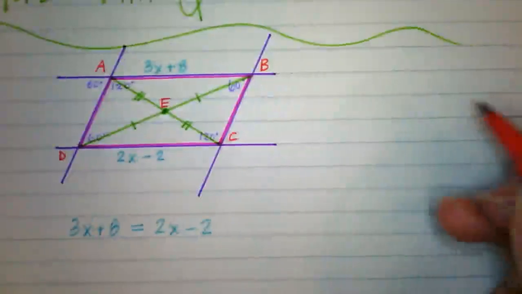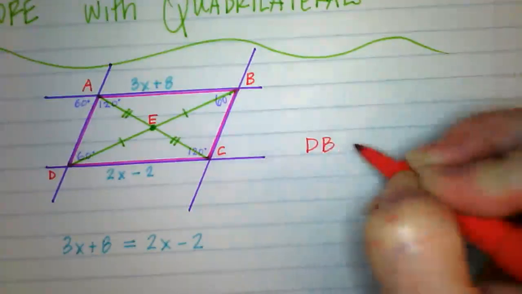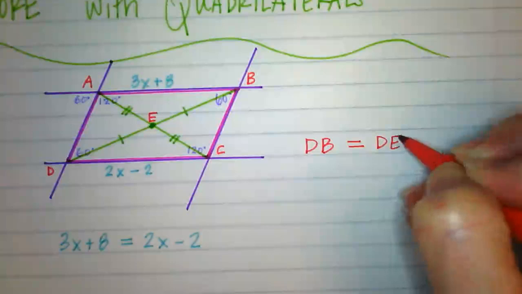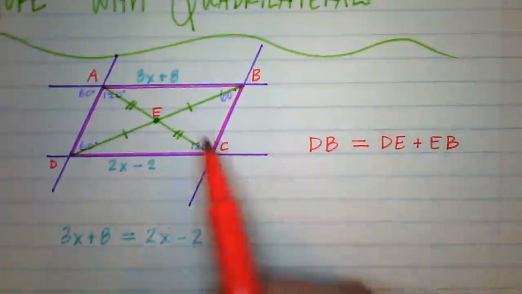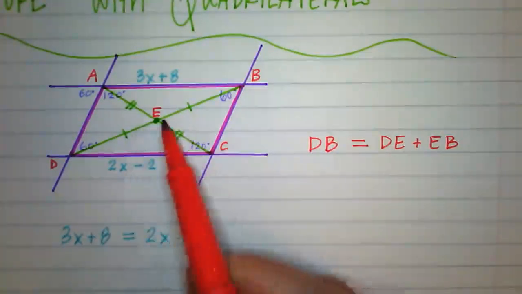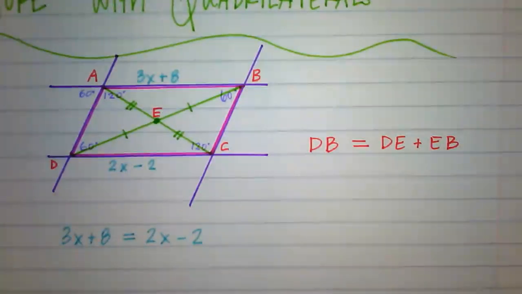We know that the length of DB is the length of DE plus EB. So this piece plus this piece would equal DB. That's just adding segments together.